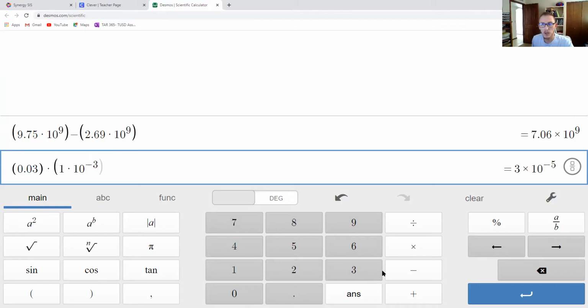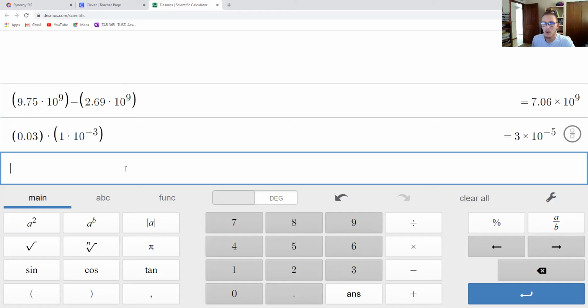Other calculators will actually have a button you're supposed to use for negative. I'm going to push enter. Off to the right here, you'll see the answer is in scientific notation again: 3 times 10 to the negative 5th power. I did not have to convert.